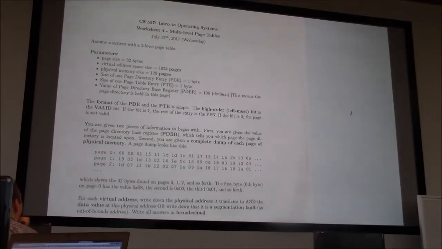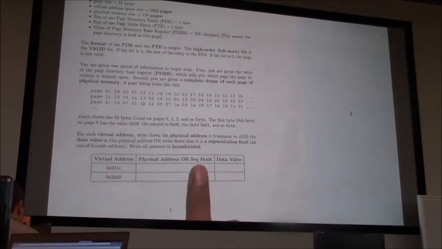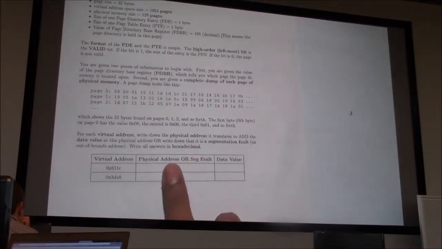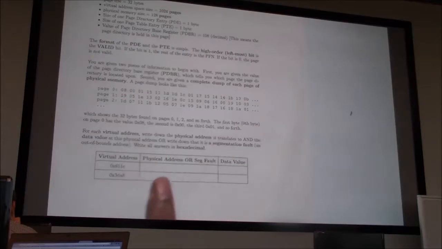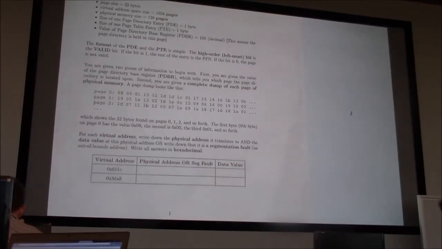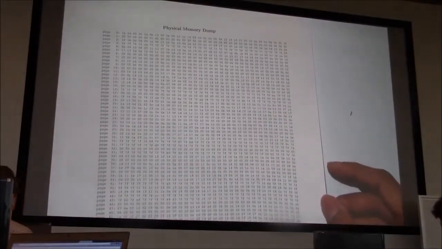Then the problem is, given two virtual addresses, can you figure out in this setup what the physical address is, or can you say if it will seg fault? And if you can figure out a valid physical address, can you figure out the data value that is inside that particular memory location, given a physical memory dump like this.